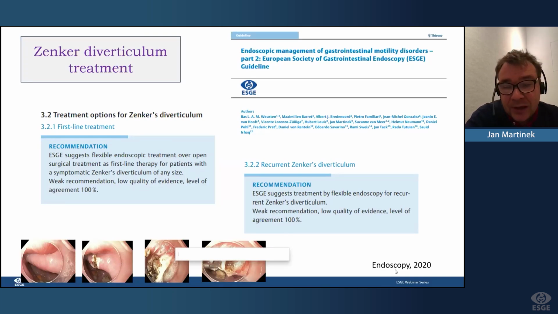What about the treatment? The ESGE guidelines published in 2020 recommended as a first-line treatment a flexible endoscopic approach, both for Zenker's Diverticulum as a first treatment, or even for recurrent Zenker's Diverticulum. But at that time, because I was part of the group publishing this guideline, we considered as a flexible endoscopic approach the traditional septotomy, which will be covered by Sandra later this evening.